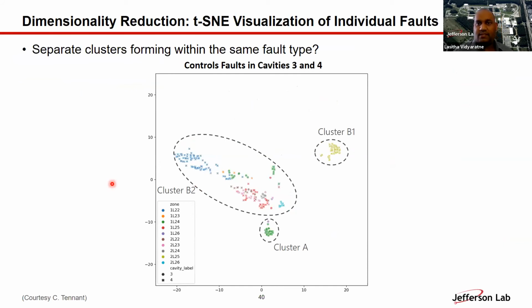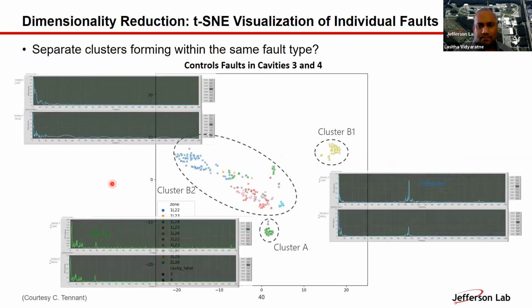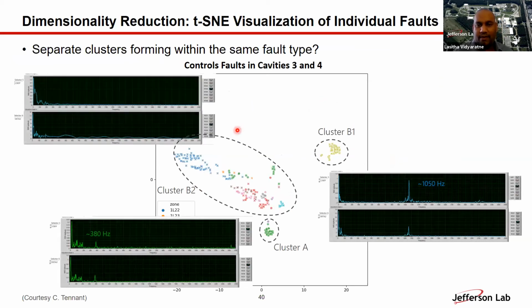controls fault, in this case, that has happened in cavities 3 and 4, seems to be occurring in 3 identifiable clusters here. And looking into it deeper, especially with the frequency spectrum for each, we see that for the same fault, cluster B1, the smaller cluster here, shows an interesting spike in the frequency spectrum at about 1000 Hertz.